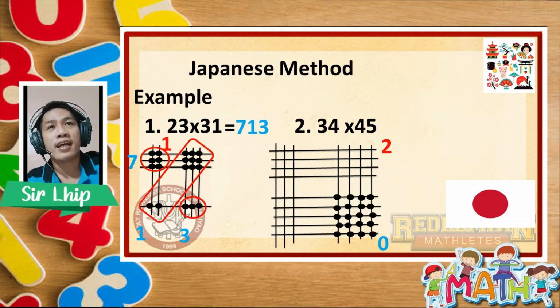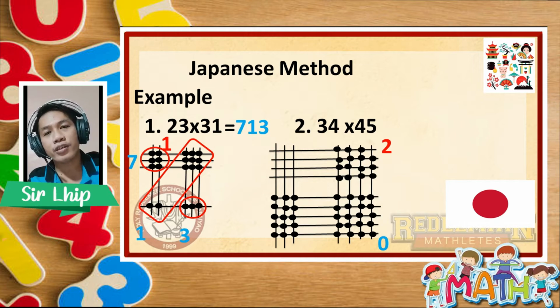Then, count again the small circles on the lower side and the upper right side, which is 1, 2, 3, up to 31.